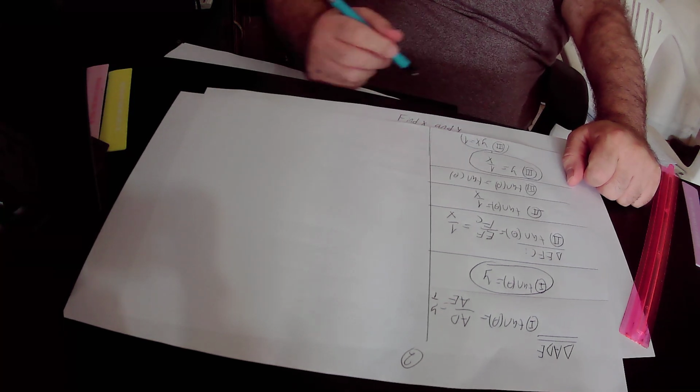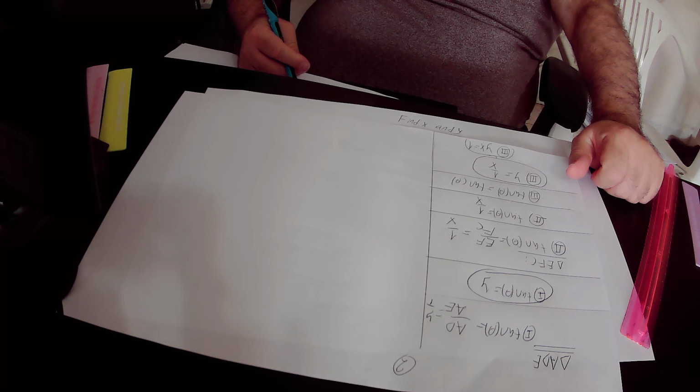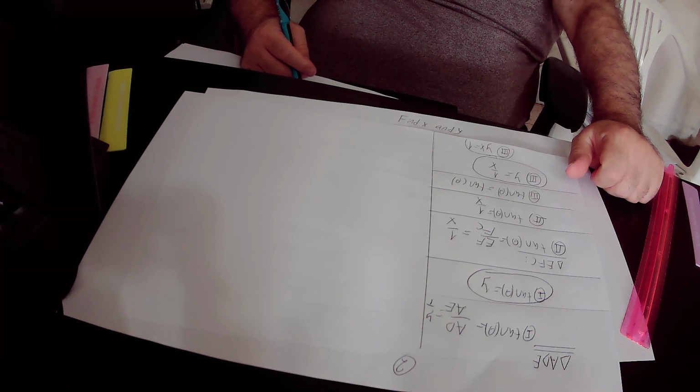What does this equation number 3 mean? It means that x and y are two inverse numbers. x is the inverse number of y, and y is the inverse number of x.